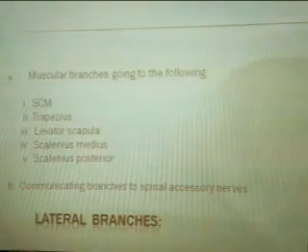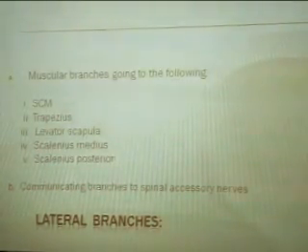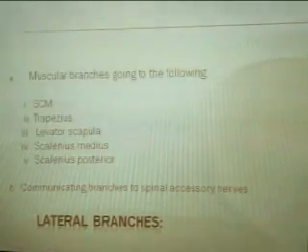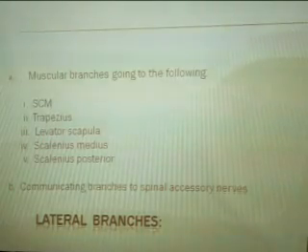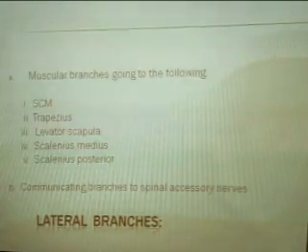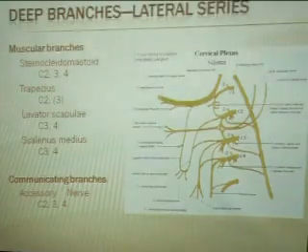Why is this important? Because if we are giving a cervical plexus block, do we require relaxation, or do we require only a cutaneous sensory block to be done? The other branches are communicating branches to the spinal accessory nerves.